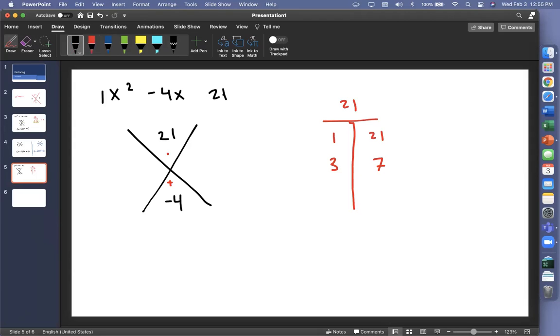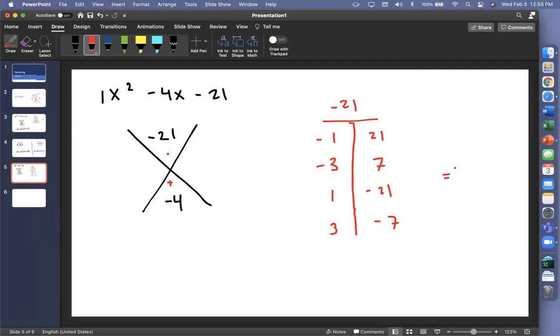Now, this actually, I meant to write a negative 21 there. So because it is negative 21, that means one of these numbers has to be negative. We could also have a 1 and a negative 21, and then a 3 and a negative 7. So these are all the possible combinations that will give me a negative 21.